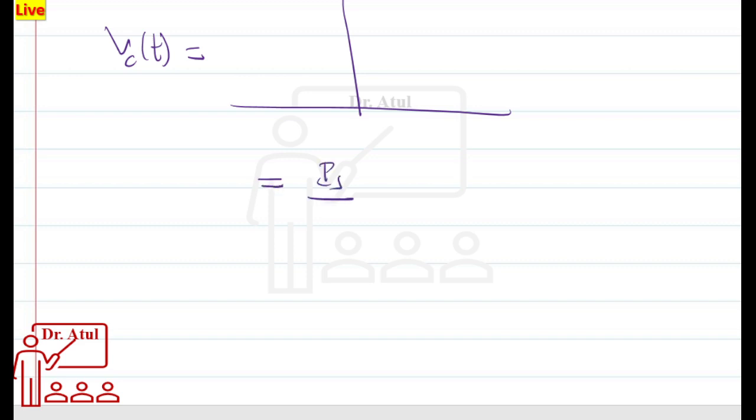This is equal to VC(t) equal to IS upon C t u(t). Okay, this is the VC(t), the voltage across the capacitor.